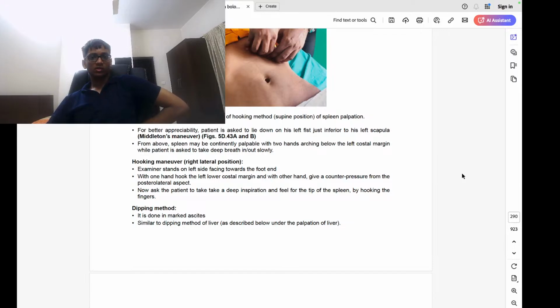From above, the spleen may be palpable with 2 hands, at the left costal margin, when the patient is asked to take a deep inspiration and breathe out slowly. Middleton's method.